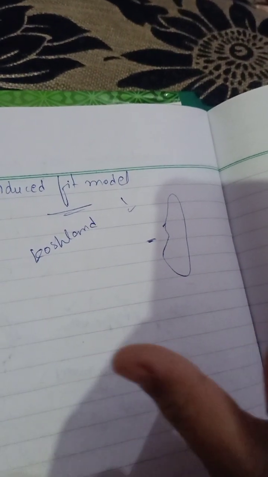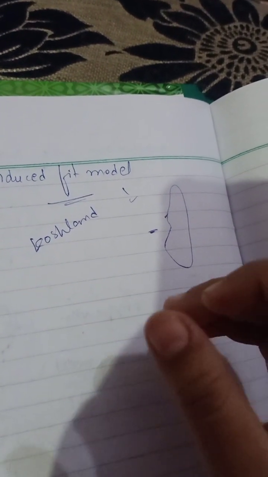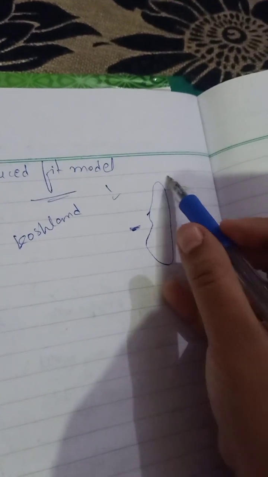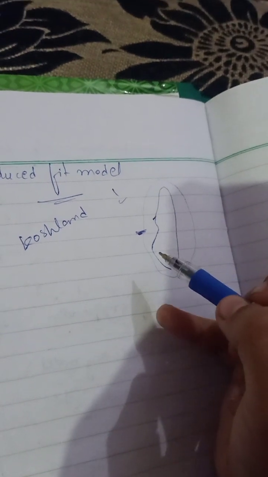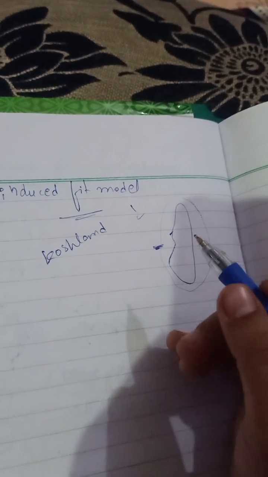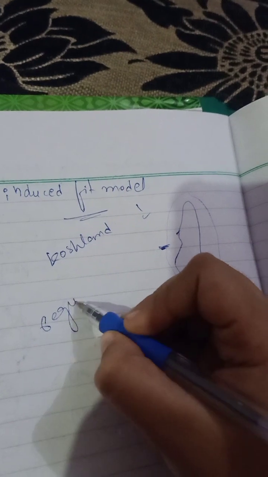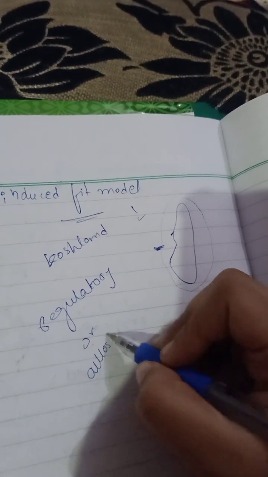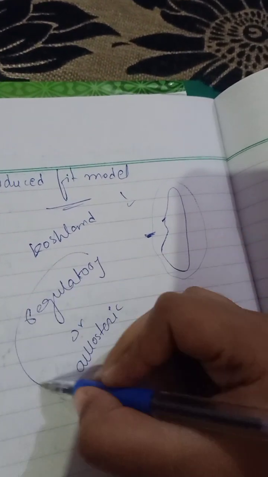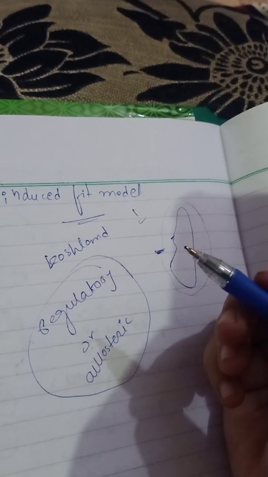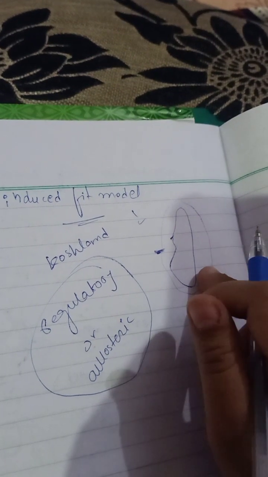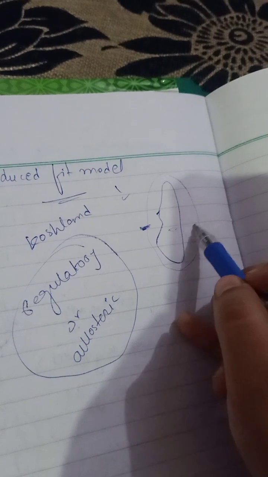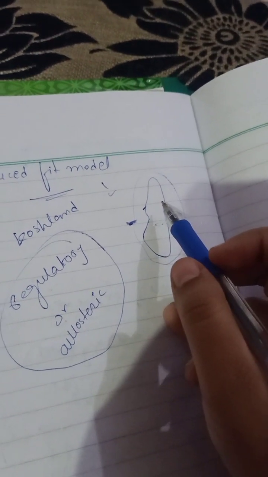In lock and key there was a specific substrate with a specific enzyme, but here the active site is regulatory or allosteric, so it can join because of the flexibility. More than 100 different substrates can be joined into the active site.